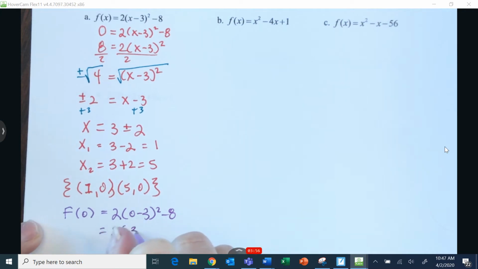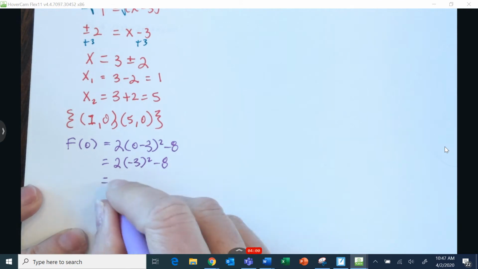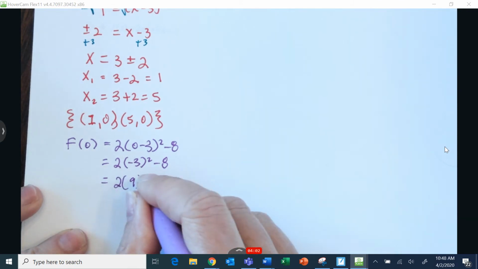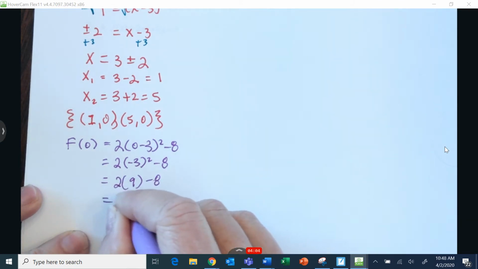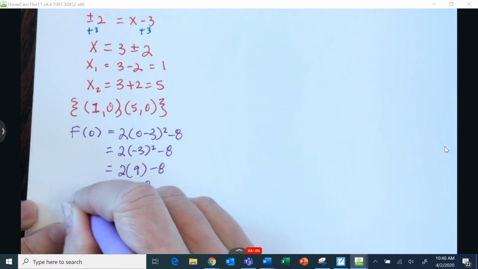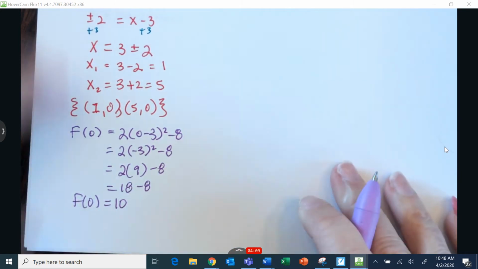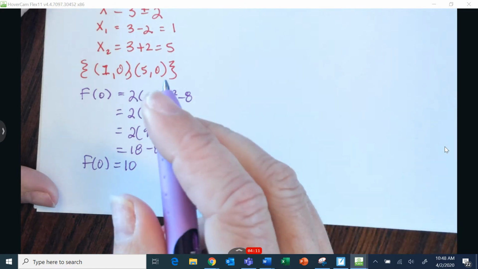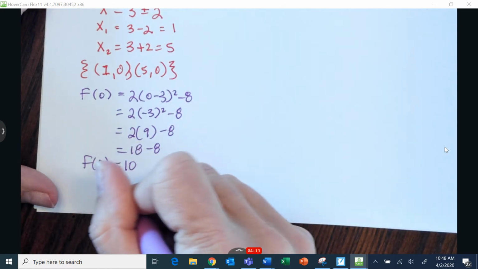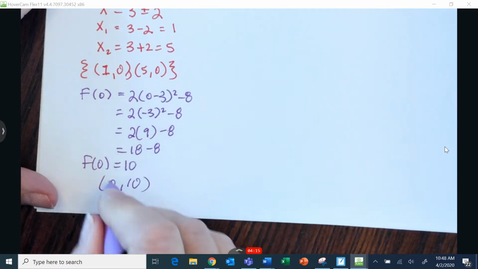So 2 times negative 3 squared minus 8. So 2 times 9 minus 8, 18 minus 8. f of 0 is 10. So my x-intercept, just kidding, y-intercept is (0, 10).